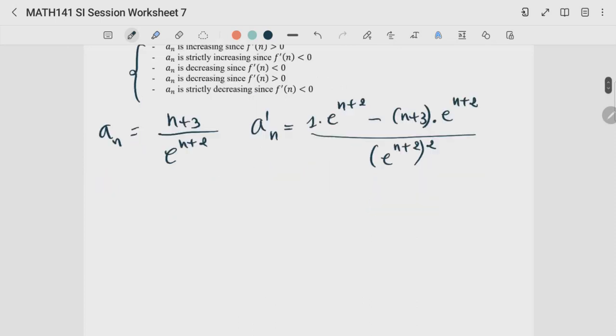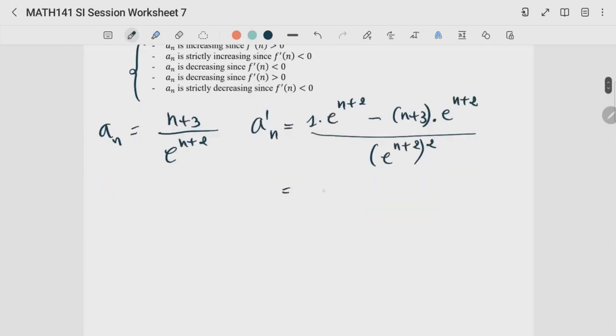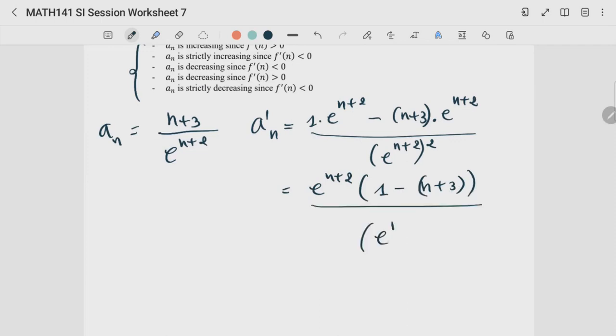Right? So now this can be simplified to e^(n+2), which is a common factor between the two terms in the numerator, multiplied into 1 minus (n + 3), all divided by (e^(n+2))^2.